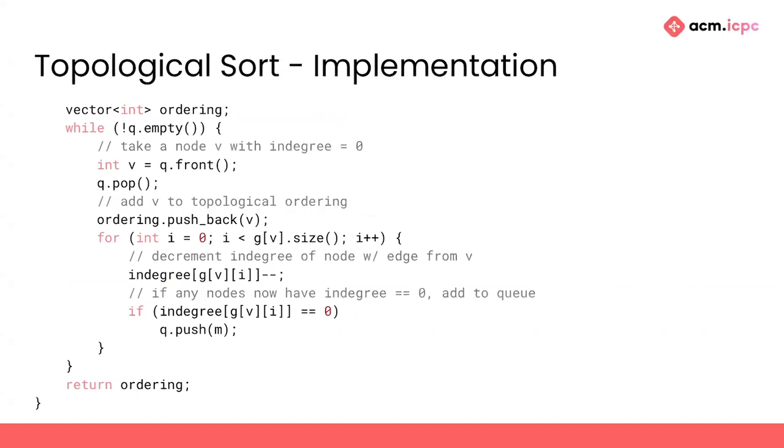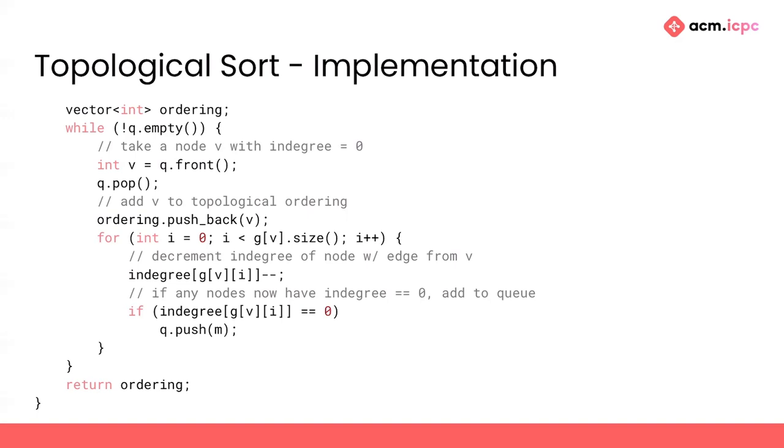And now we figure out the ordering, right? So while the queue is not empty, i.e. while there are nodes with integrity 0, we'll take some node from the graph, add it to the topological ordering, and pop it from the queue.